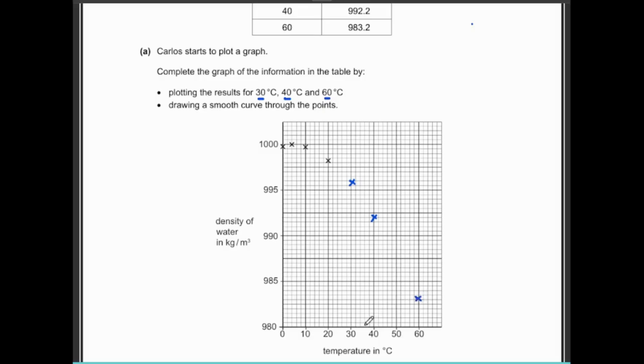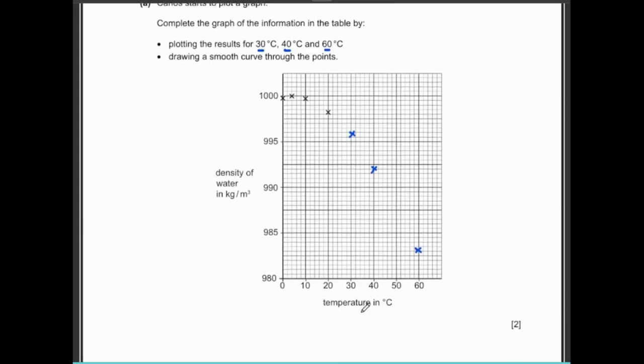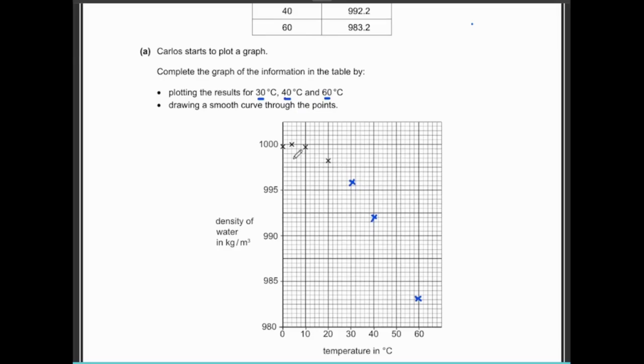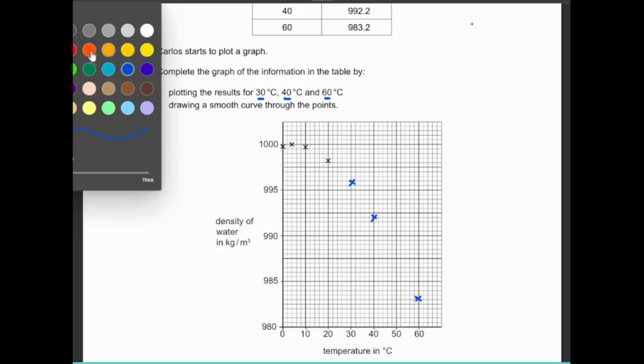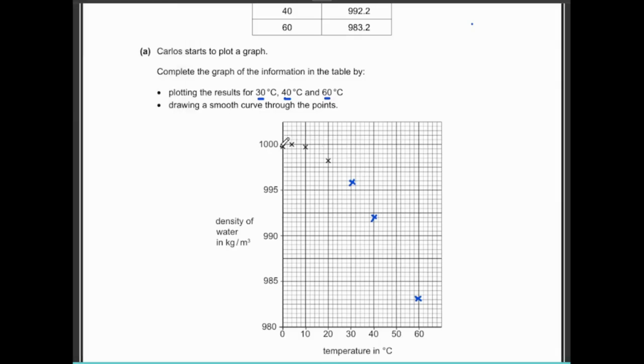Now a very important thing: once we are done with this part, draw a smooth curve through the points.